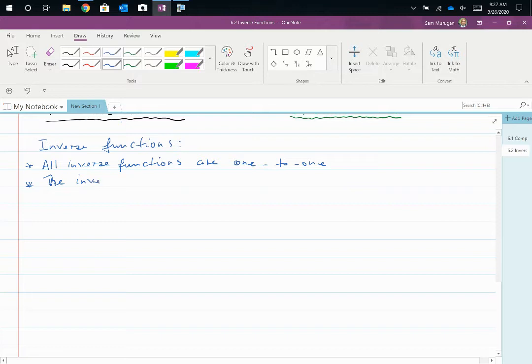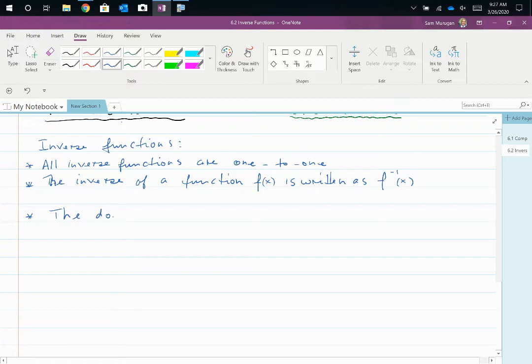The inverse of a function f of x is written as f inverse x. I'm making this as simple as possible.